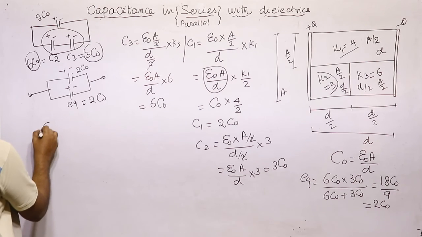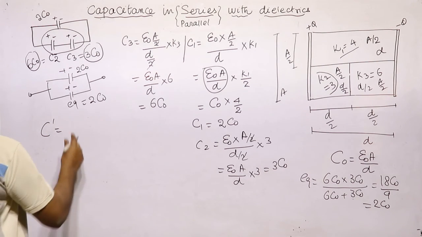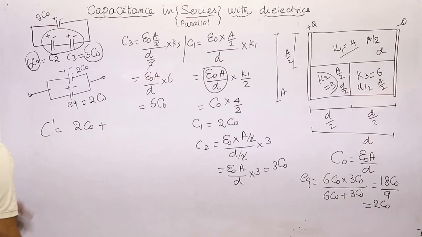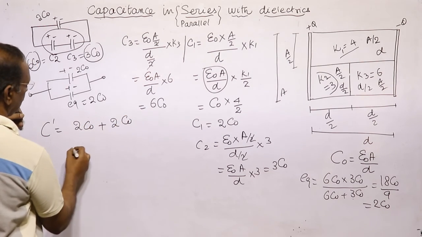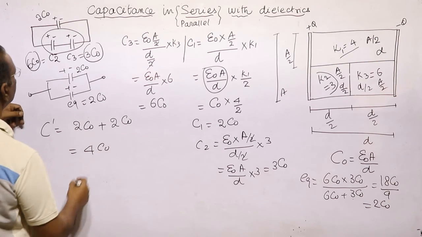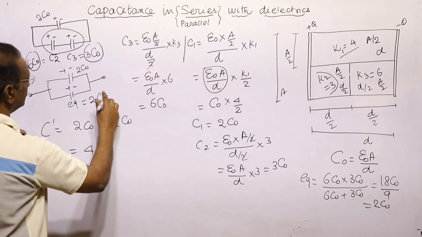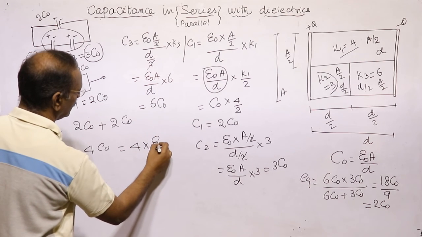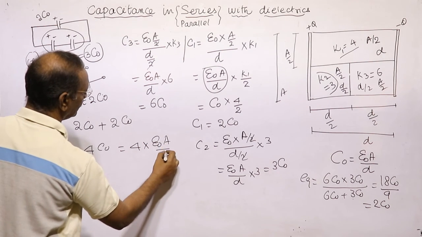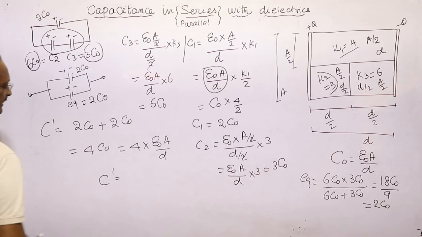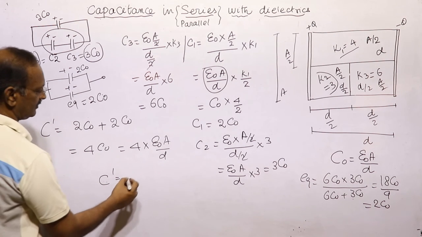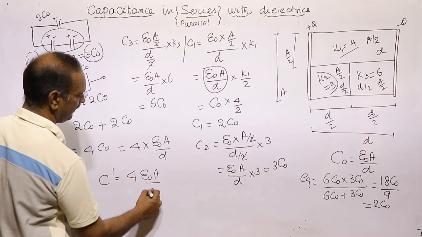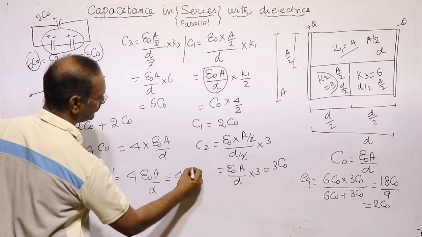Parallel means C dash, the net capacitance, is 2 C naught in parallel with another 2 C naught, which is 2 C naught plus 2 C naught equals 4 C naught, that is 4 into epsilon naught A by D. Therefore C dash, the net equivalent capacitance, is 4 epsilon naught A by D, or 4 times C naught.